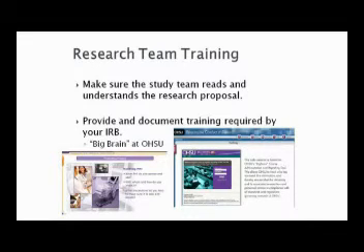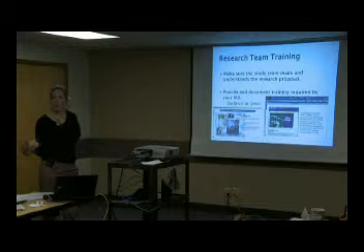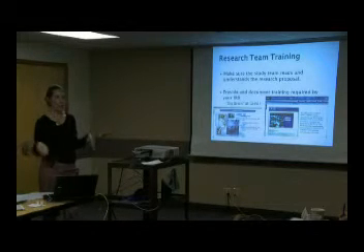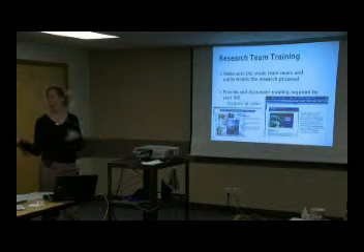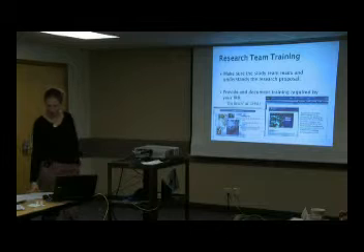Anybody who's going to be consenting people or seeing identifiable data, the PI or co-Is, would have to go through this. But if you're a study team member and you're only going to see the data after they're stripped of any identifying information, maybe you're just going to be involved after the analysis, you wouldn't necessarily have to go through all the training.